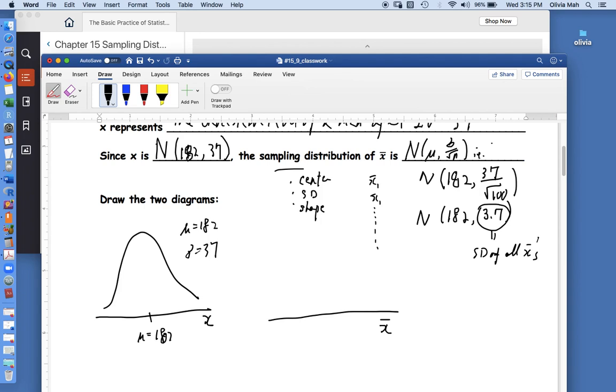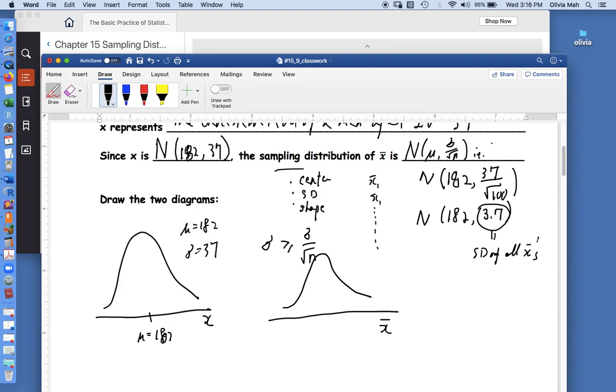This number is smaller than 37, so sigma is always bigger than sigma divided by the square root of n. X itself is spread out with a standard deviation of roughly 37, but the X bar values are less spread out, 3.7. So the diagram for X bar is going to be narrower.